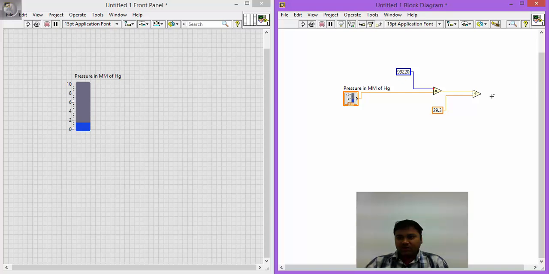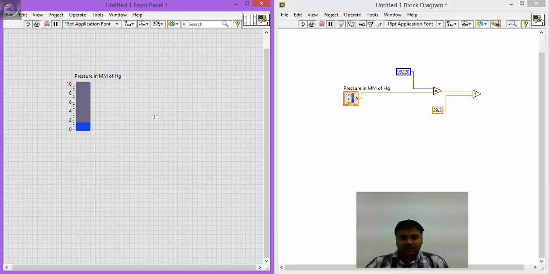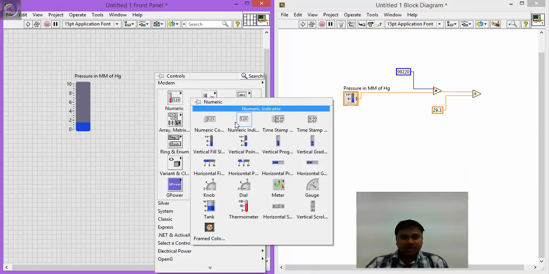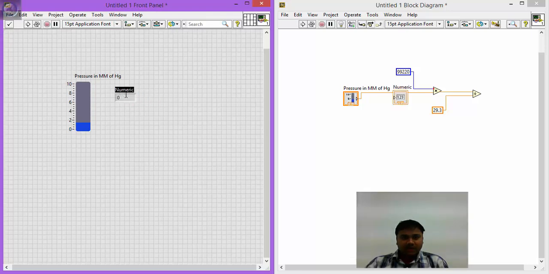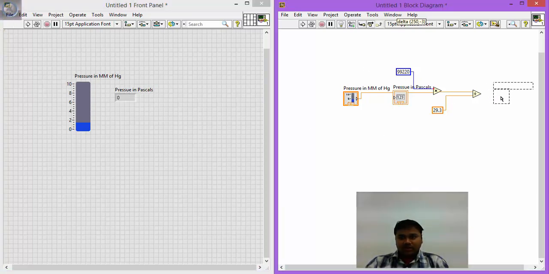So by this you will get the pressure. If you give input pressure in mm of Hg, you will get output in pascals. Hence you take a numeric indicator and you write it as pressure in pascals.